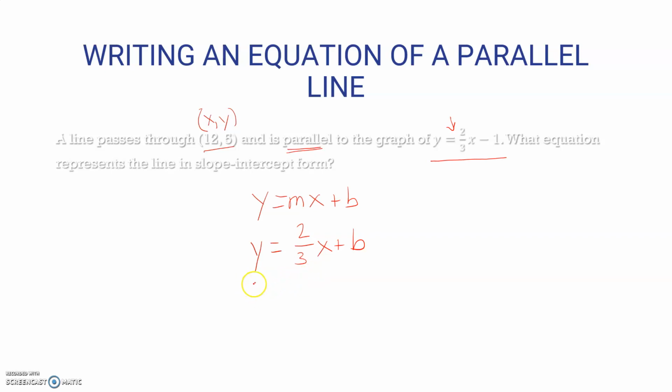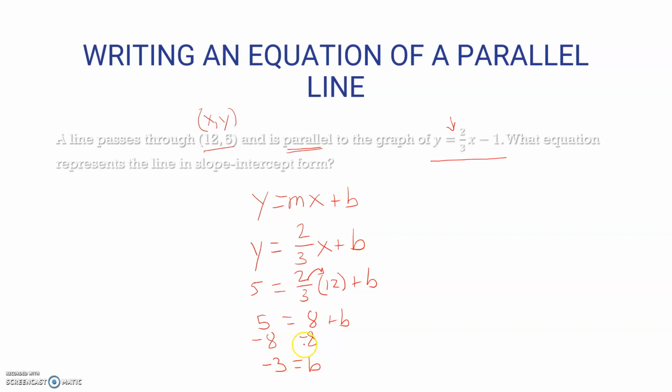So we have 5 for y equals 2/3, and then instead of x, we can plug in 12, because that's a true x value that works, plus b, and then we start to solve our equation. So 2/3 times 12 is 8, plus b is equal to 5, and then we're going to get the variable by itself by subtracting 8 from both sides, and we get that b is equal to -3.